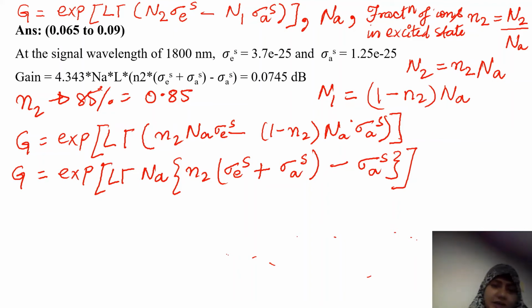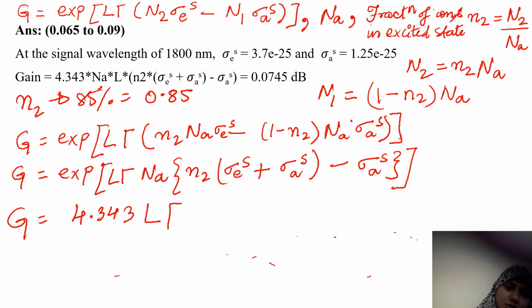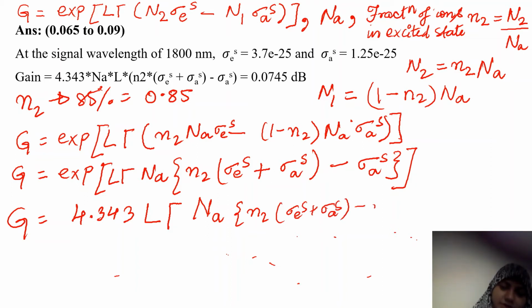Just multiply it and you'll get G is equal to 4.343 times the length of the fiber, the pump signal overlap, times Na, times n2 times sigma ES plus sigma AS minus sigma AS. Is this all right? Yes, I suppose it's completely all right.